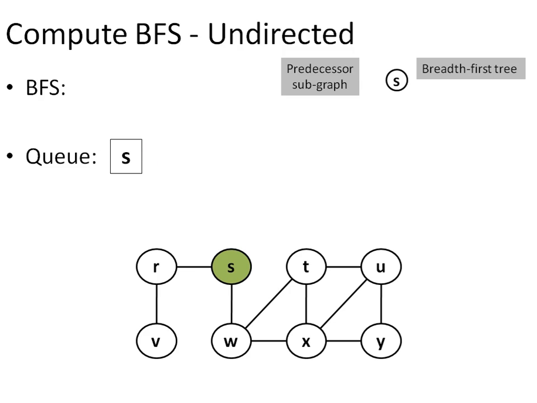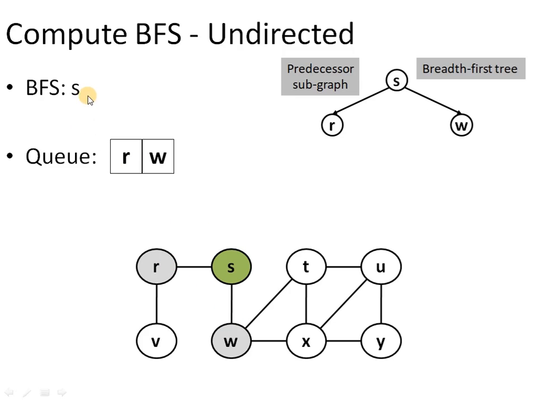In the present scenario, we have only a single vertex S present in the queue, as this is the starting vertex. So we will dequeue it and add it to the BFS sequence. Then S is adjacent to two vertices R and W, and we have not visited either of these yet, so we have to enqueue R as well as W into the queue. So we will have something like this.